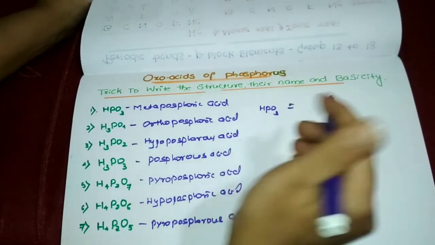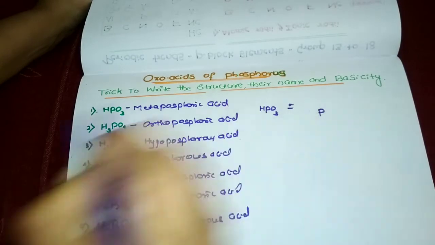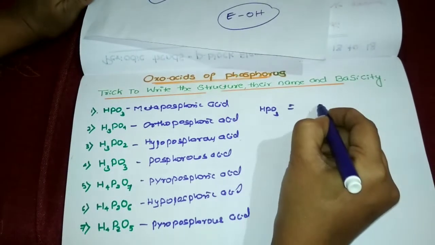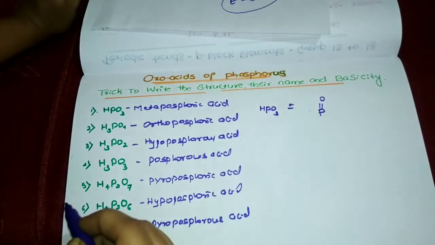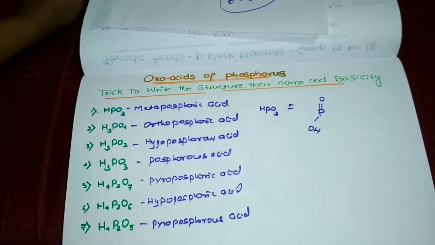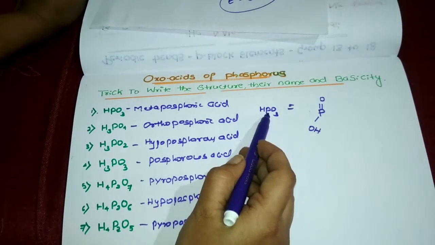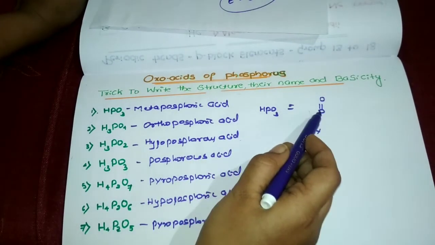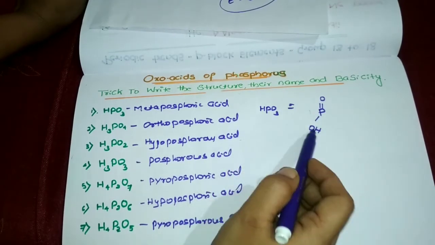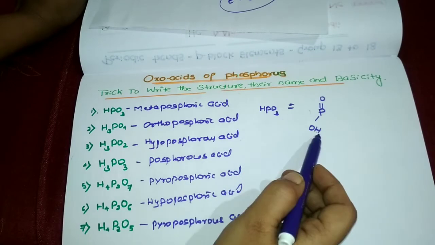Now what I told you: the phosphorus element you have to write, and for it a double bond O is compulsory, and we have one OH bond. In HPO3, I have already written one phosphorus, one double bond, and OH, so the H has gone here.